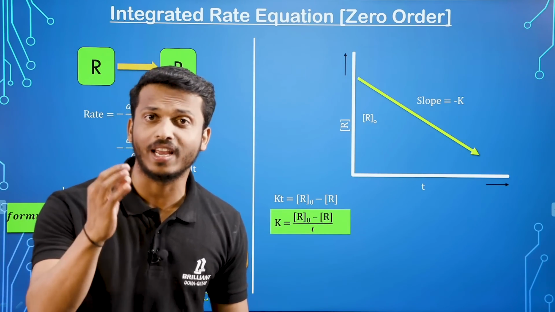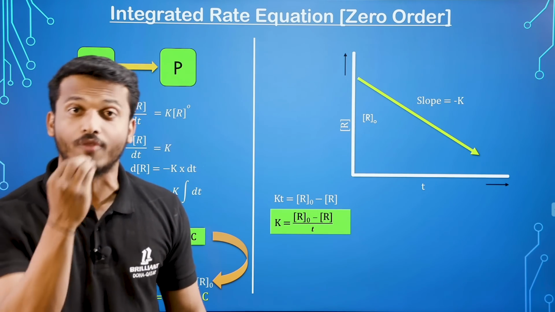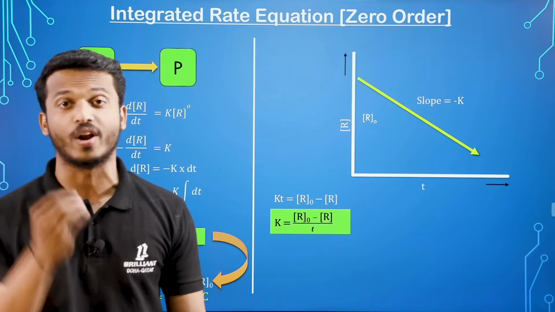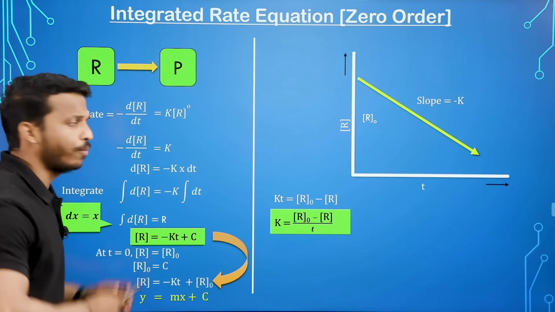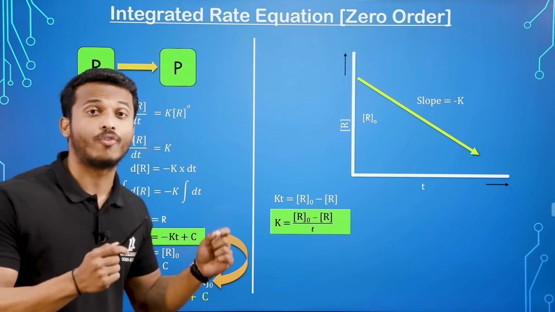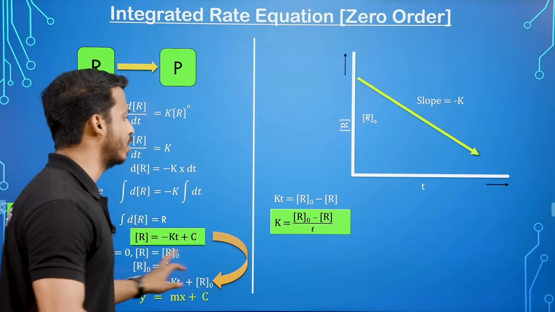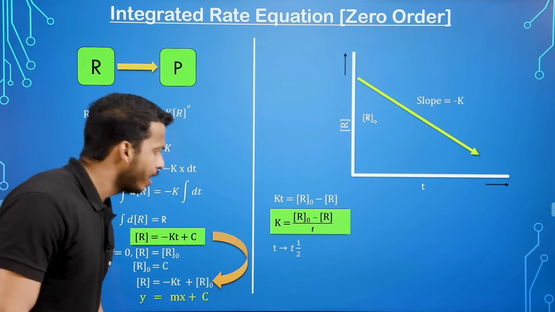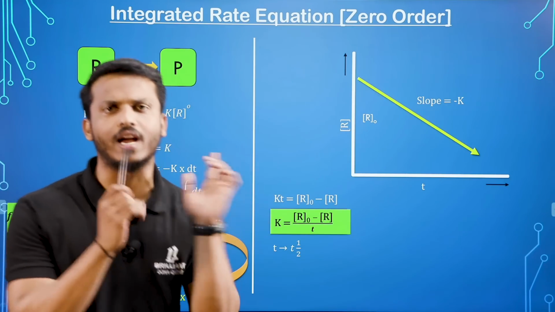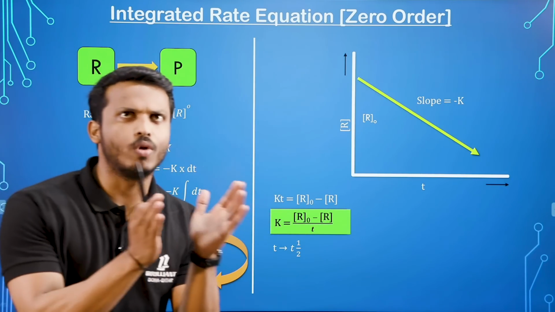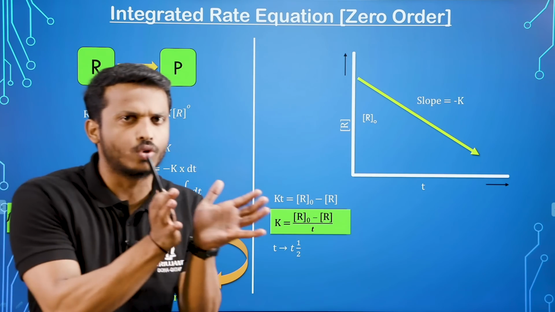So the time taken for a substance to reduce to half of its initial amount is called what? Half-life, represented by T half. See, I'm going to calculate the half-life of a zero order reaction. I'm taking two assumptions, dear all. When time equals T half, that means the initial amount has reduced to half.